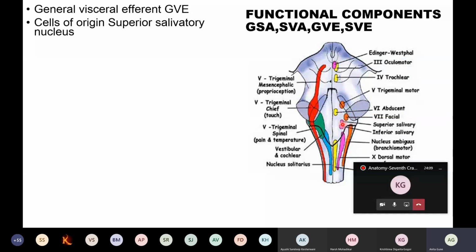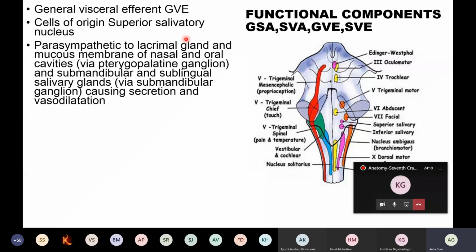Along with that, there was superior salivatory nucleus. So the superior salivatory nucleus will give the general visceral efferent fibers, which will be supplying the lacrimal glands, nasal and oral cavity through pterygopalatine ganglion, and it will be supplying the submandibular and sublingual salivary glands through submandibular ganglion.